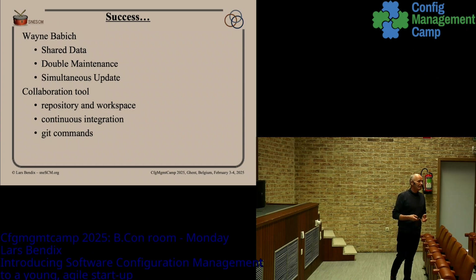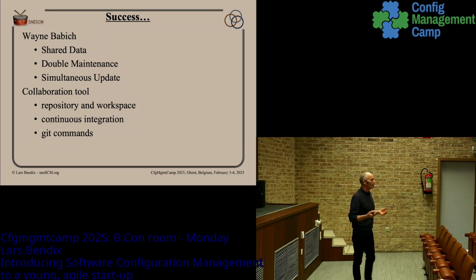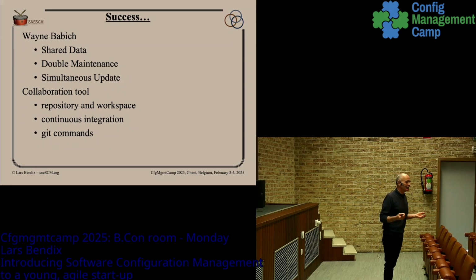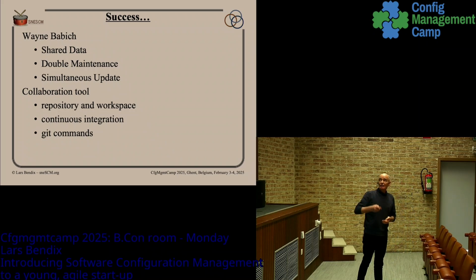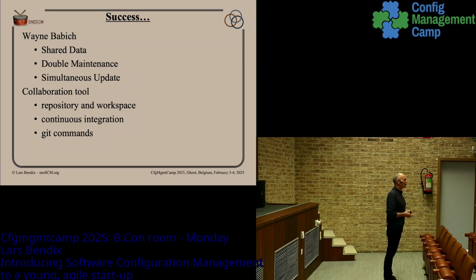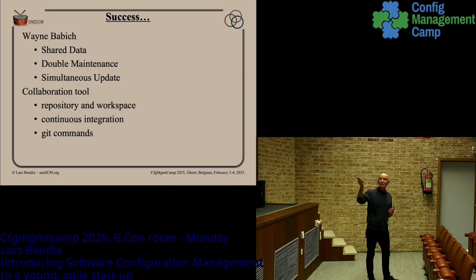The fact that version control tools like Git have a merge functionality makes it easy to integrate and keep these different changes in sync. But if you do it continuously, it becomes much easier. So we need to teach them continuous integration as the solution to the double maintenance problem.